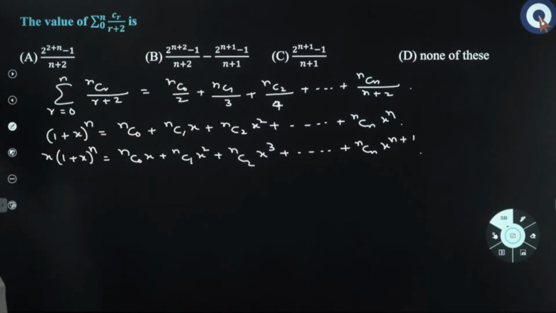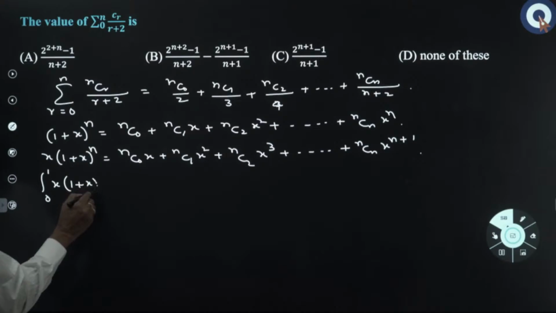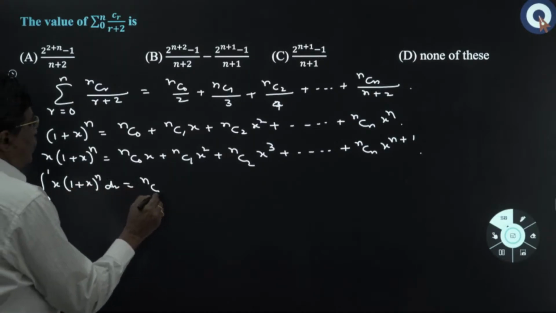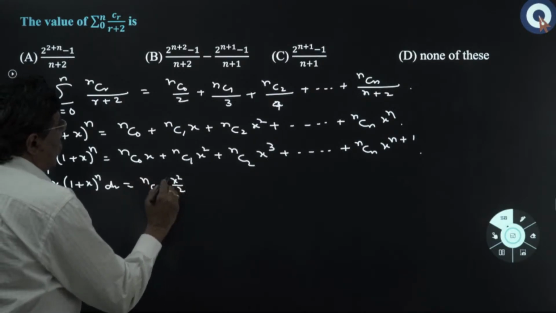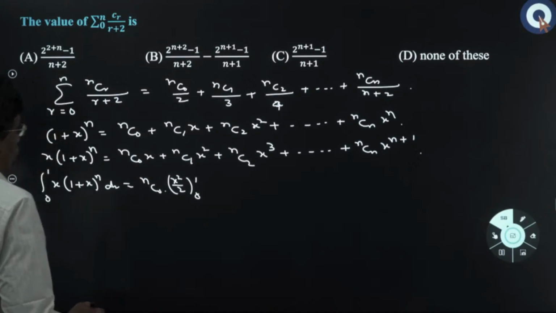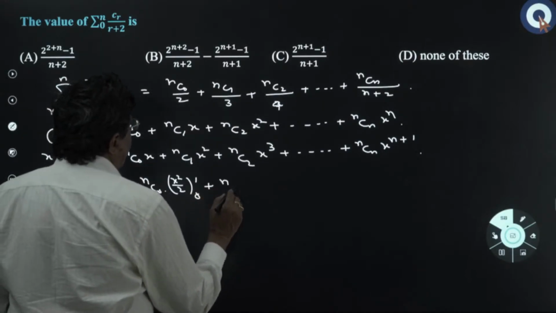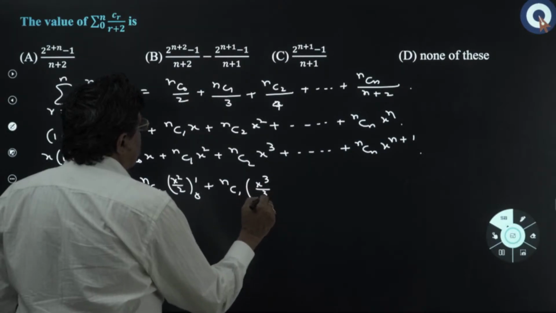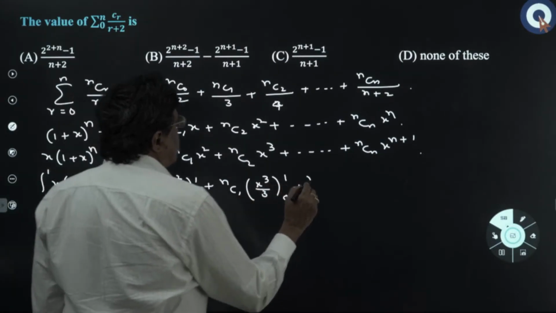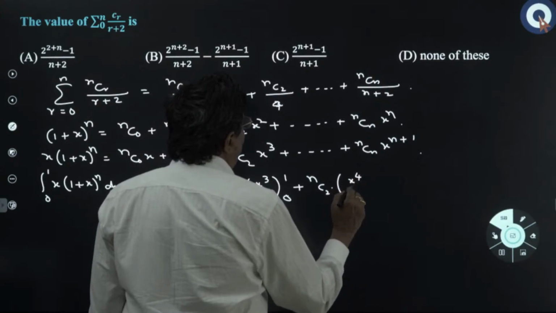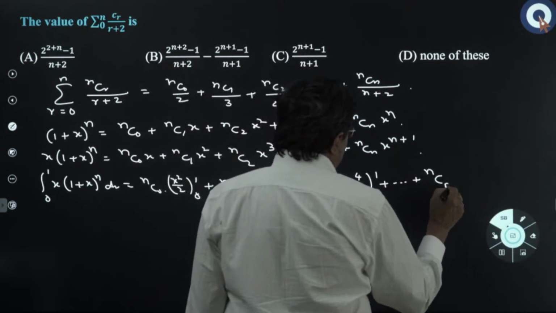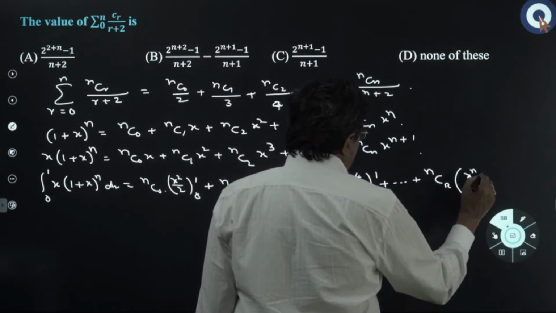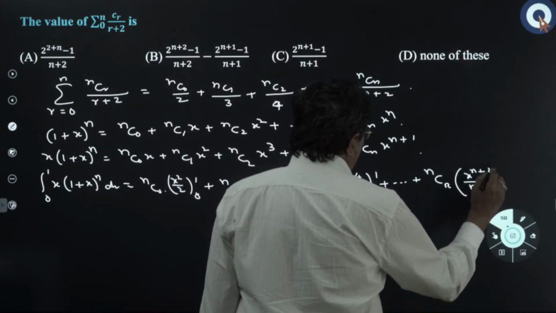If I integrate this under the limit 0 and 1, I get nC0 into integral of x, which is x square by 2 from 0 to 1, and nC1 into x cube by 3, plus nC2 x power 4 by 4 from 0 to 1, plus so on, plus nCn x power n plus 2 by n plus 2 from 0 to 1.